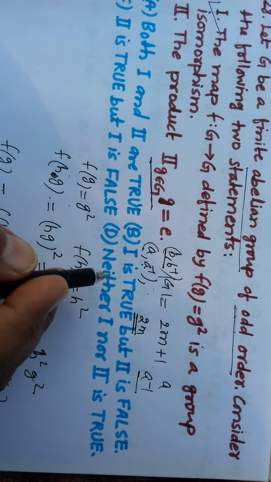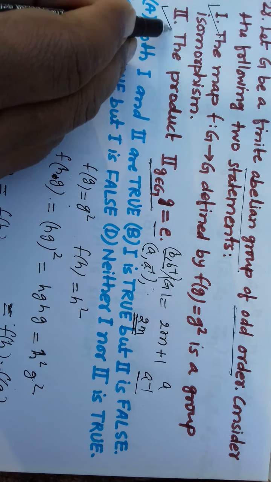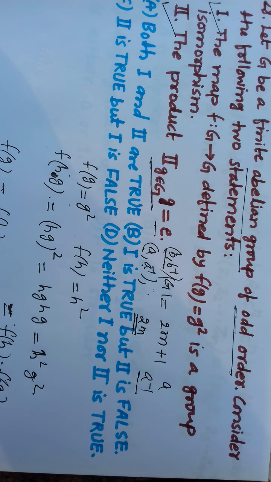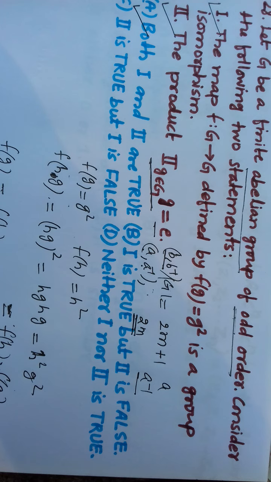So the product of all elements will be an identity element. So the second statement is also correct. So we have A as our correct option.